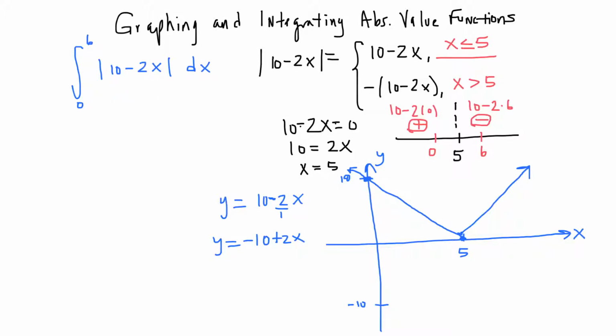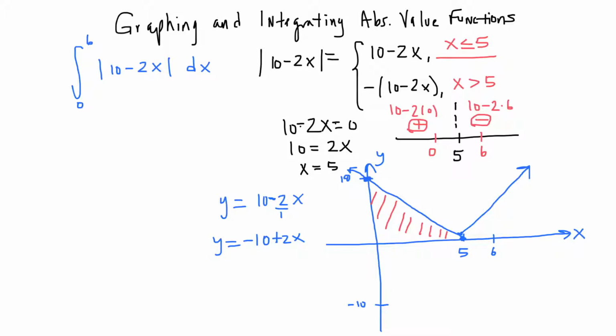Now I can think about the graph, think about area, and integrate from 0 to 6. So there's 0, 6 is somewhere here, and I'll be thinking about area. So remember, it's always the area between the curve and the x-axis. And so if I start at 0, from 0 to 5, I'm going to have this area.